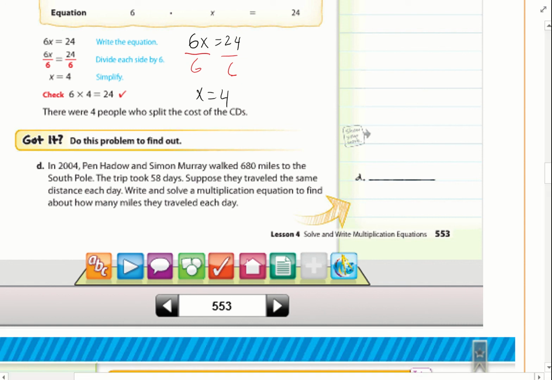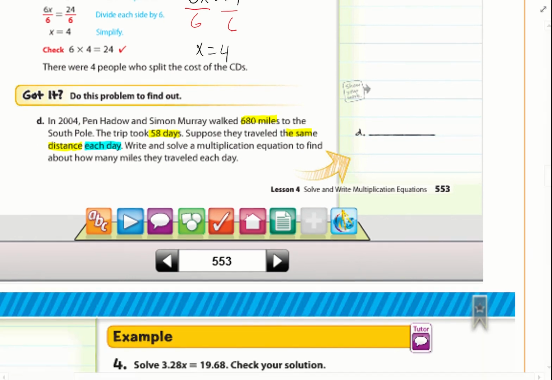So the key words here are the trip took 58 days, 680 miles, and they traveled the same distance. And the main thing I want to point out is each day. So each day means there's going to be multiple days, and obviously that's 58 days. So if they did 58 days, and they did a certain amount of miles each of those days, that's going to equal 680 miles. So 58 times the miles a day is going to give us the total miles.